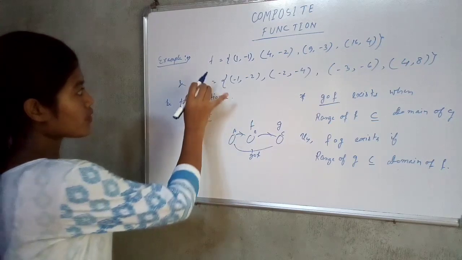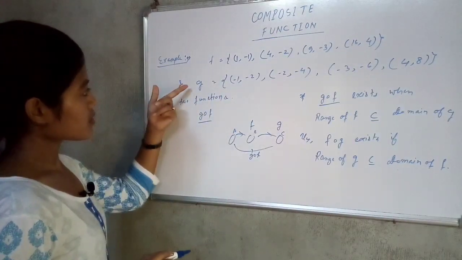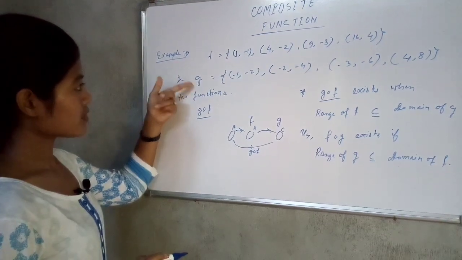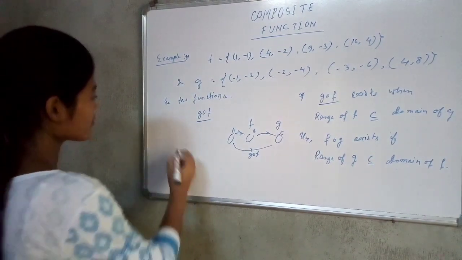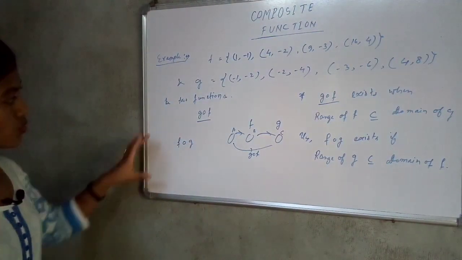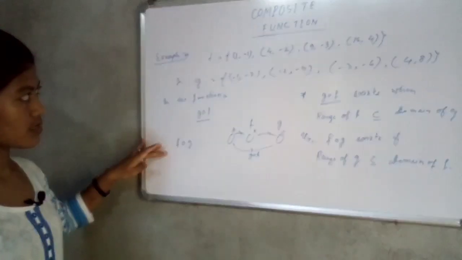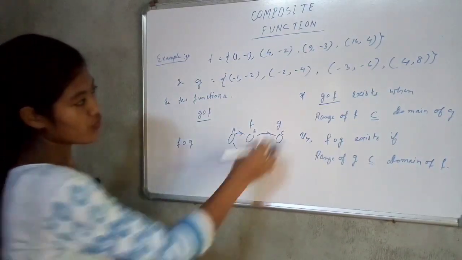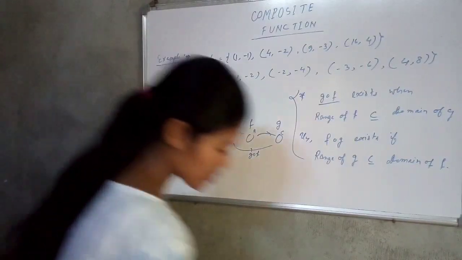So here two functions are given, f and g. We need to check whether in this case g∘f exists or not. Similarly, whether f∘g exists or not. So to check if g∘f exists or f∘g exists, we need to follow these two steps. There I will show.